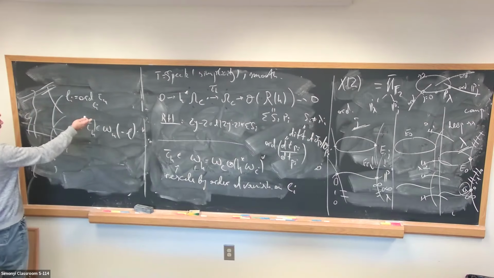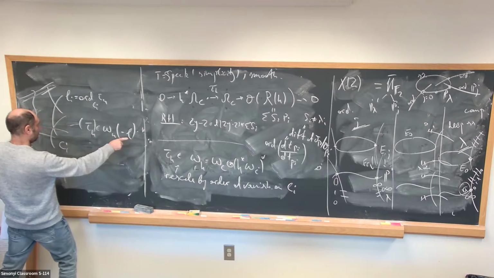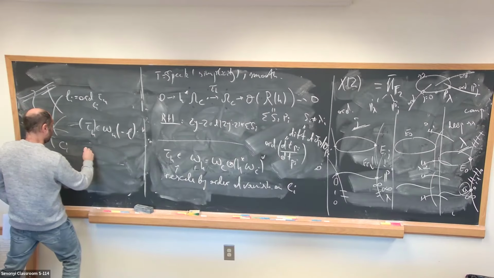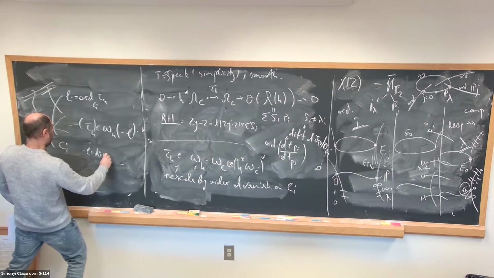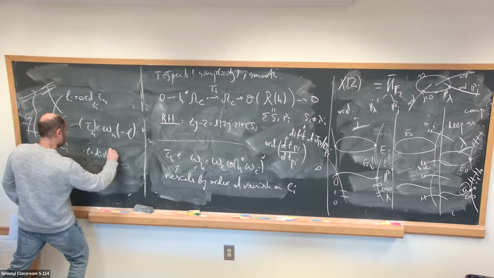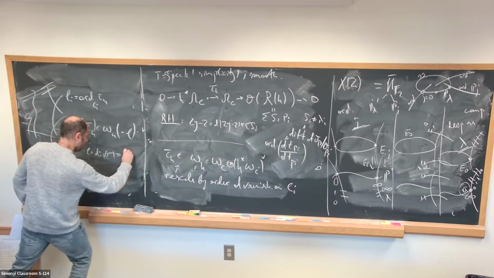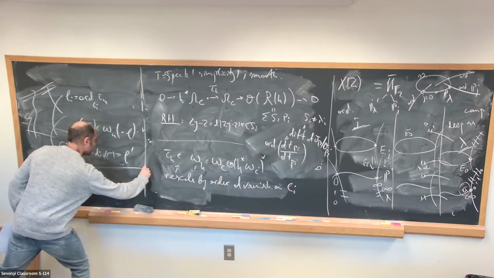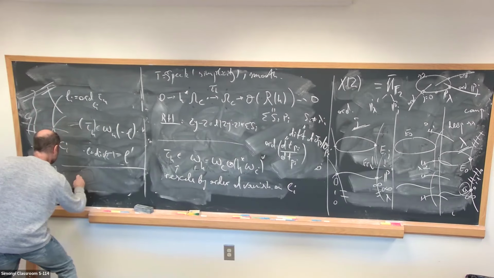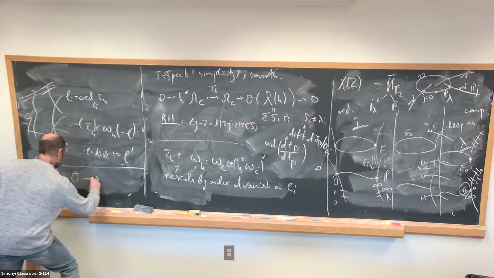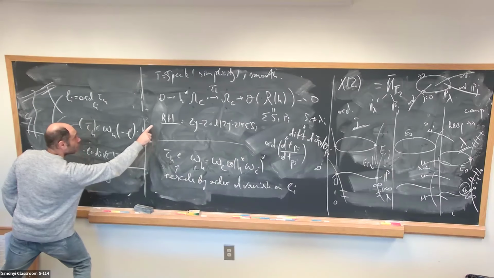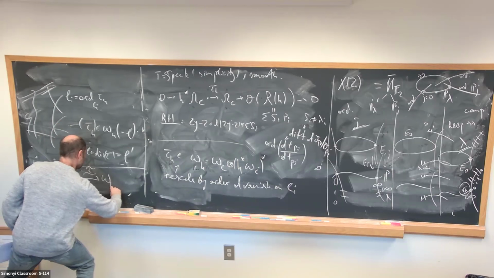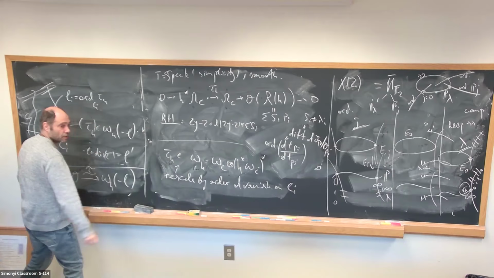If in addition to this L, I take the divisor of tau, let's call it D prime, then I can view my tau as a witness that O twisted by tau is isomorphic to omega H twist minus h.